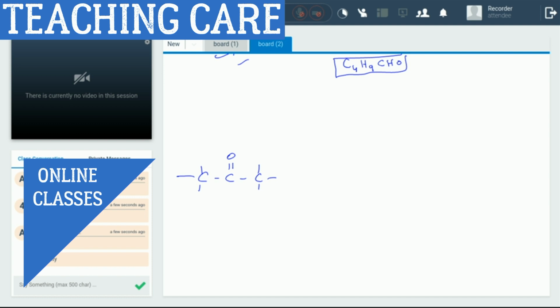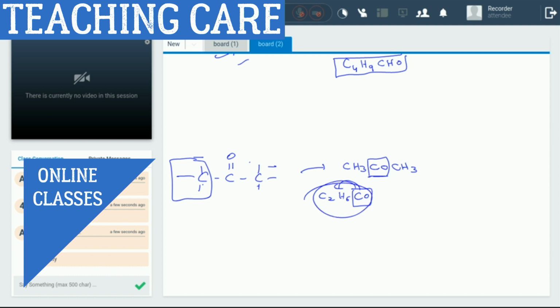Remember, you can't combine these together. You have to write as the structure is saying: CH3, CO, CH3. Some people say this is CH3, this is CH3, so it becomes C2H6. No, never say that. Why? Because the CO always remains in between. In this structure it is not in between, that's why you can't make it. I hope you are getting that.